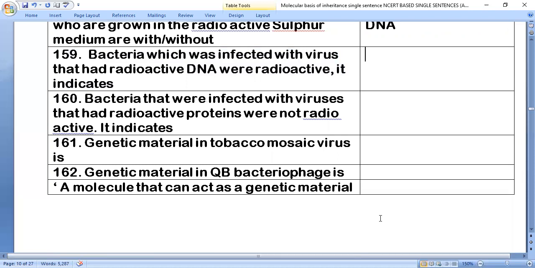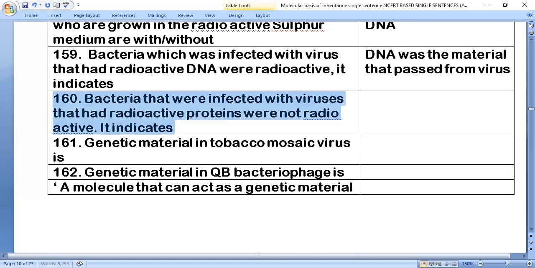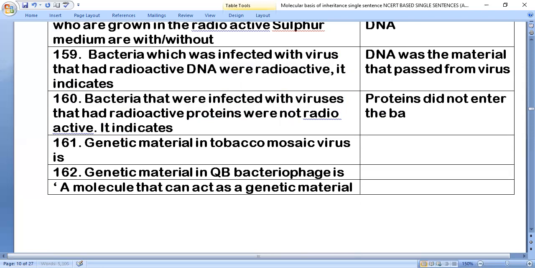It indicates DNA was the material that passed from virus. Bacteria that were infected with viruses that had radioactive protein were not radioactive. It indicates proteins did not enter the bacteria from the viruses.